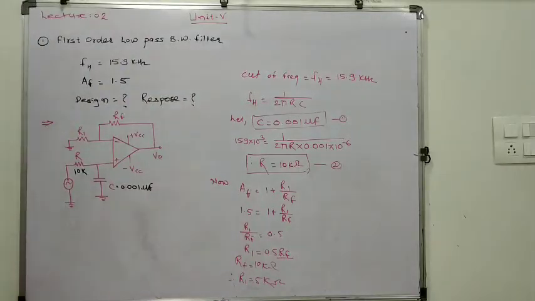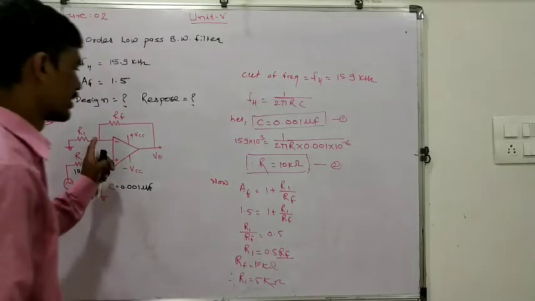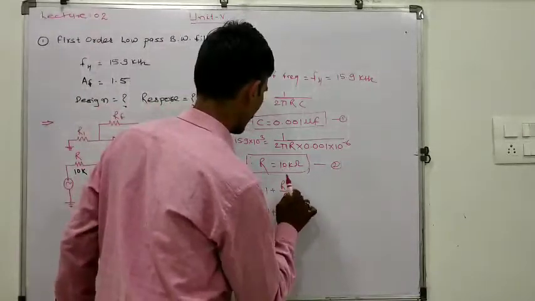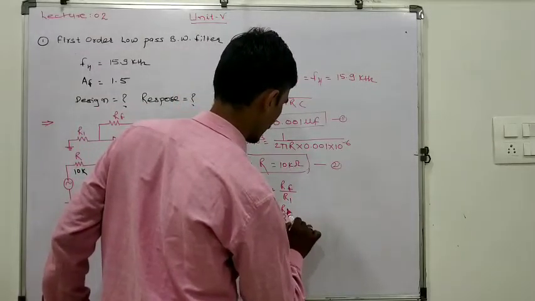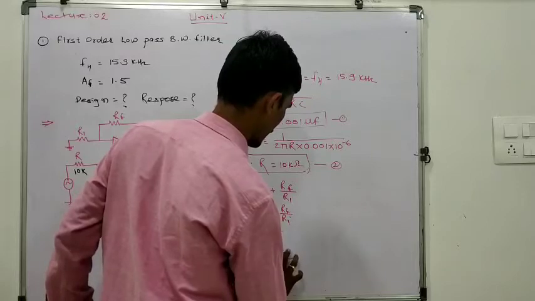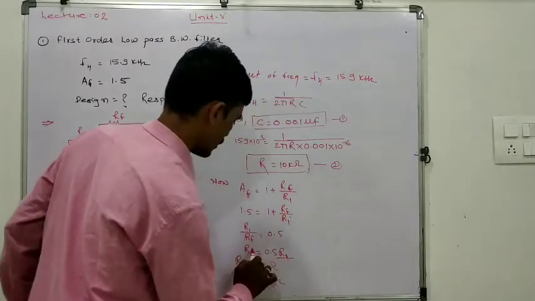So by solving this, we easily get the value of its formula, 1 upon RF by R1.